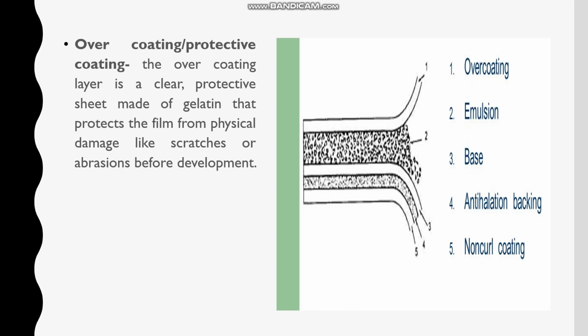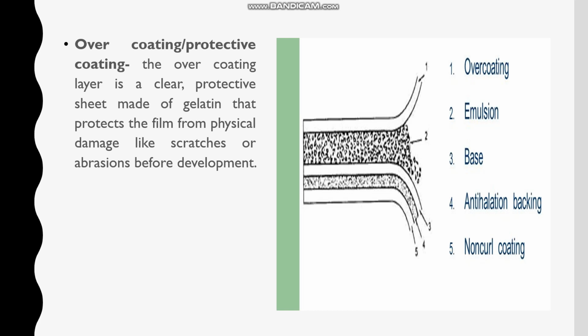It is a top layer of the film which protects the fragile portion that is easily damaged, which is the emulsion layer, from human hands, or to be specific, during a developing process. Because once you keep handling and using it during the developing process, it will be ruined. Without this protective coating, our image will be ruined.